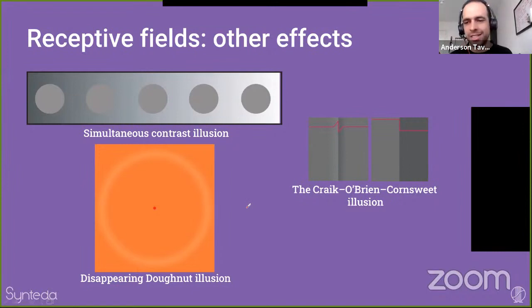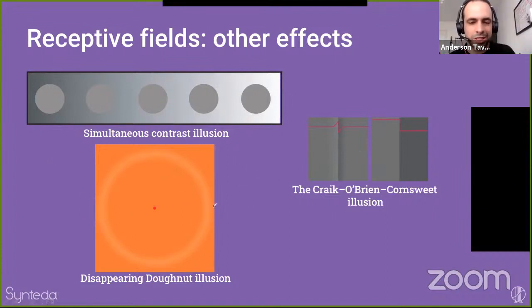But in fact, they are the same intensity, but they seem to be darker at the right, and they seem to be lighter because of the neighborhood. And the receptive fields might explain this perception, this illusion.